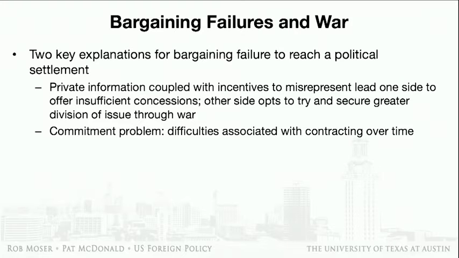The presence of something called private information, or uncertainty about things like the distribution of military power between sides or the willingness of an adversary to pay the costs of war, something that we describe as resolve. So the presence of private information can lead to war by encouraging at least one side to overestimate its bargaining leverage.